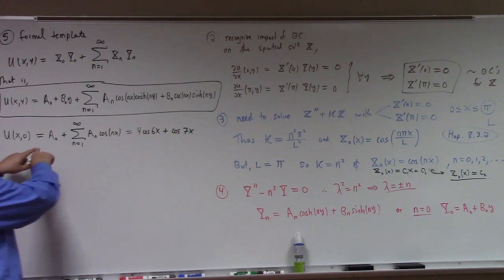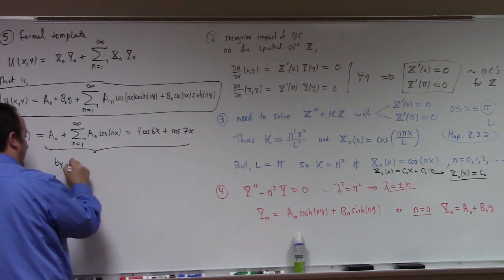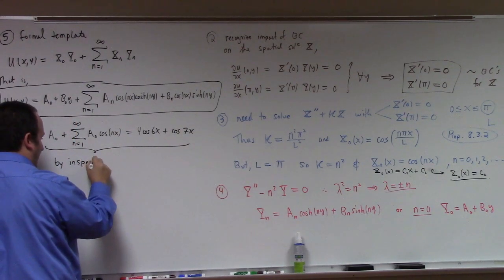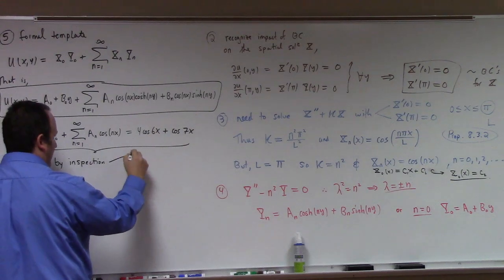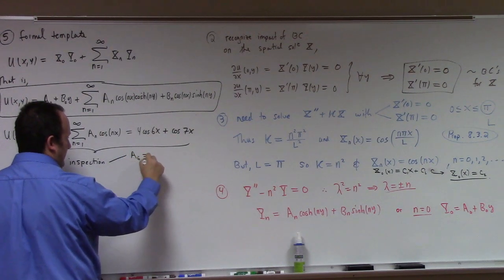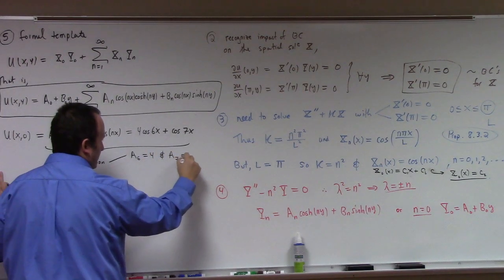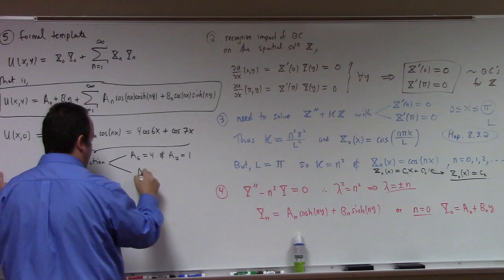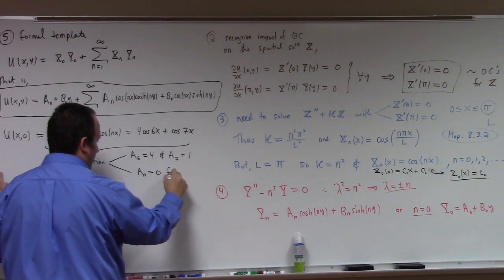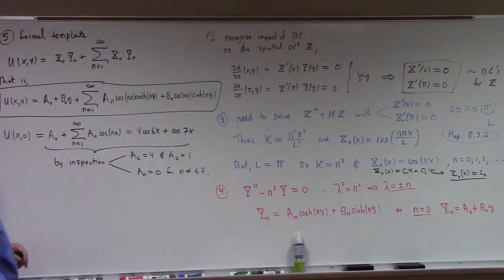So you can just straight up read off from this by inspection that a sub 6 is equal to 4, and a sub 7 is equal to 1, and a sub n is equal to 0 for n not equal to 6 or 7. That's it.